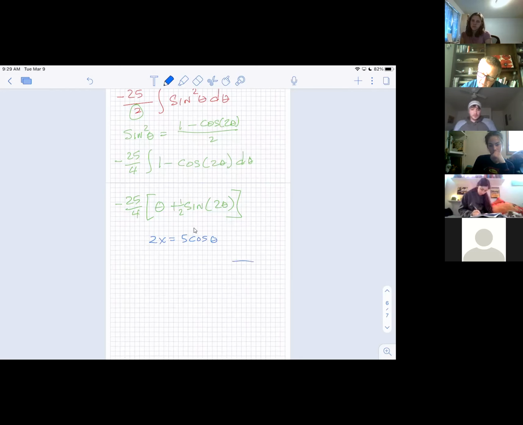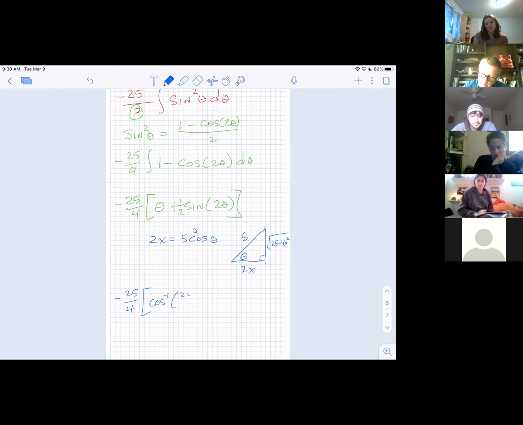I'm also thinking back to my right triangle that started all of this, where this was theta. And this side over here was the square root of 25 minus 4x squared. So what is theta equal to? It's equal to the inverse cosine of 2x over 5. Thanks to this statement, isn't this another way to write this? 2x over 5 equals cosine of theta. So to solve for theta, don't I have to take the inverse cosine?